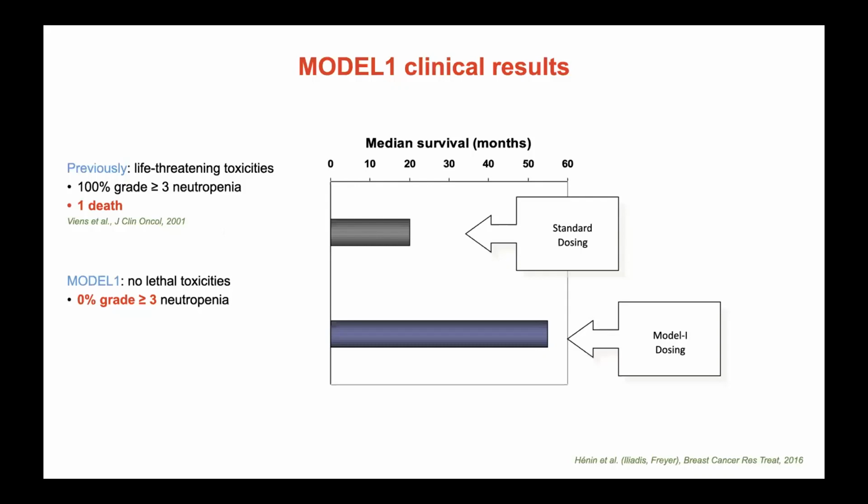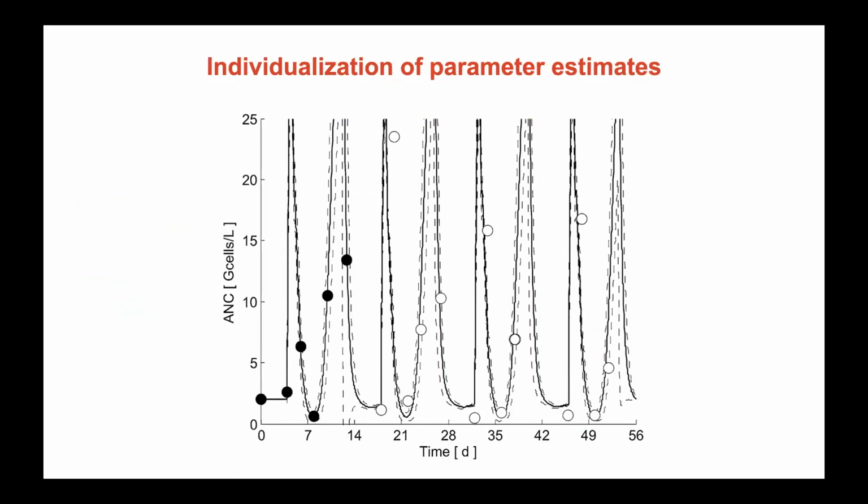And going further than just adapting and optimizing the dosing for the first cycle of the treatment, the clinical trial also included the possibility of adapting, on a Bayesian basis, the dosing regimen after a first cycle.